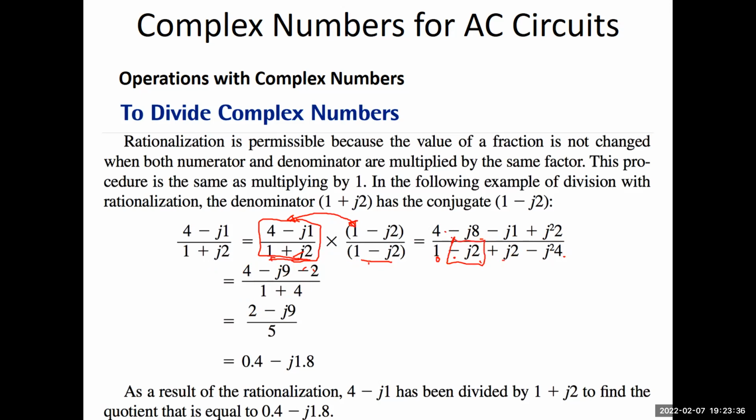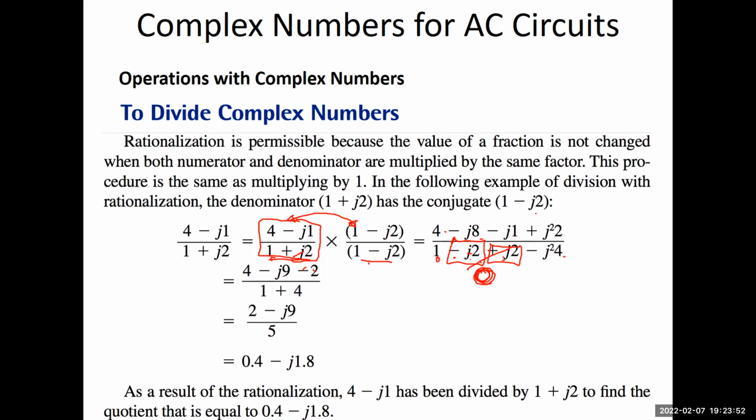Pansinin nyo na yung minus J2 at saka plus J2 will give you a zero result. So whatever is in between will now be equal to 0.